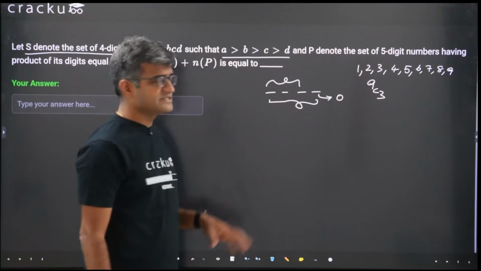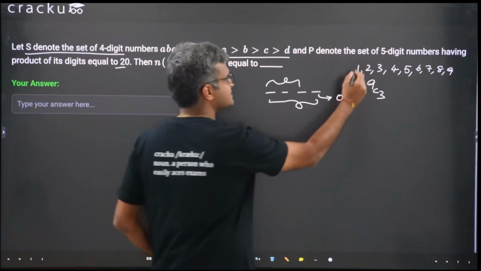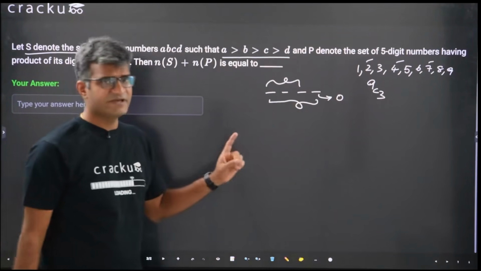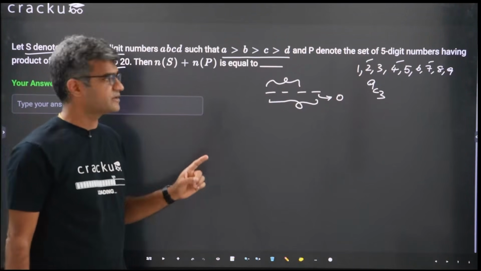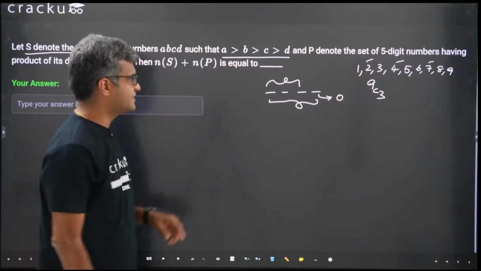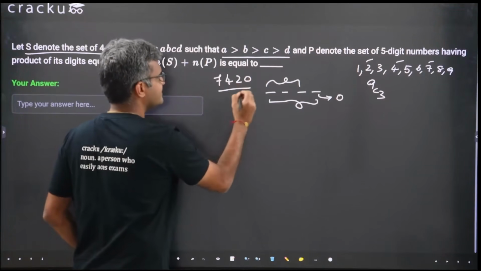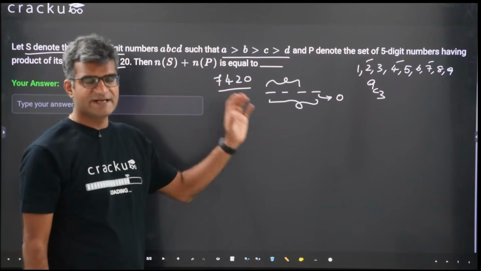We can select them in 9C3 ways. And once we select the digits, for example, if you select the 3 digits as 2, 4 and say 7, there is only one way in which we can arrange them in descending order. It will be just 7, 4, 2, 0. This is the only way in which we are going to have all the digits in descending order.